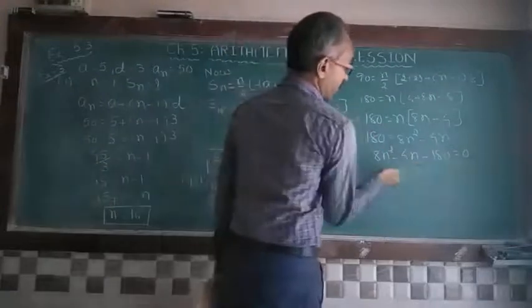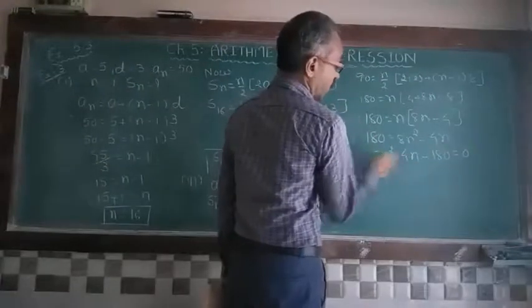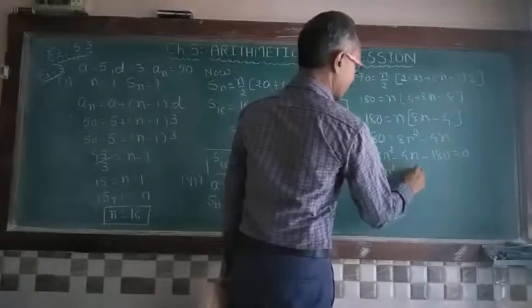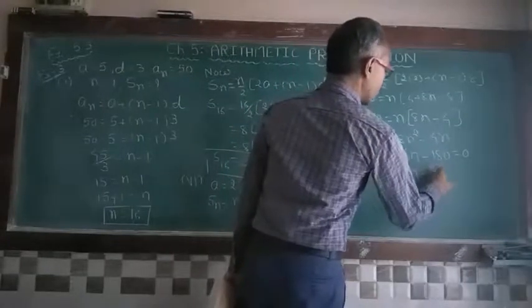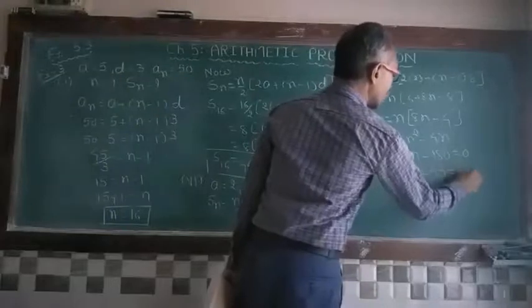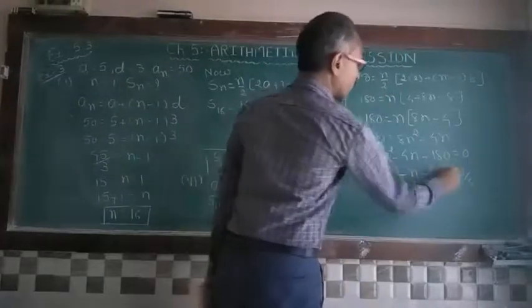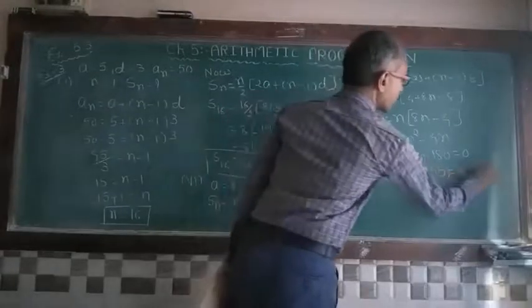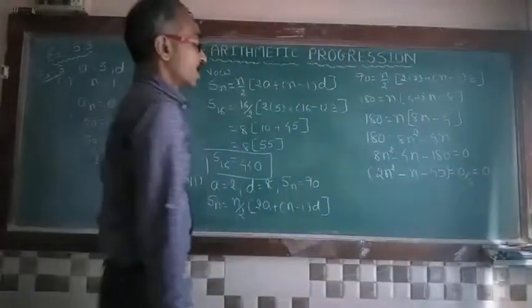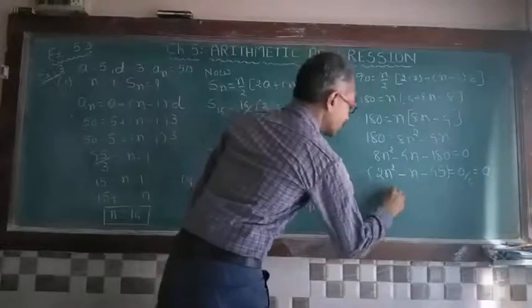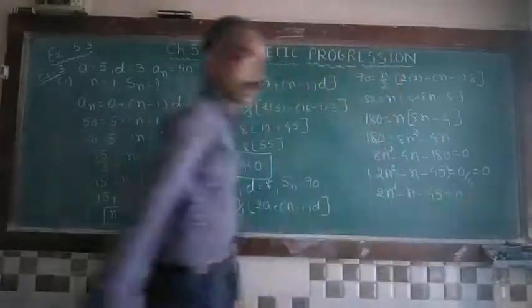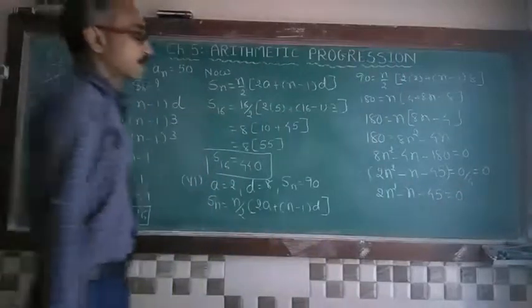Now take out 4 common: 2n square minus n minus 45 is equal to 0 upon 4, or you can write 0 by 4, which is equal to 0. Okay, so 2n square minus n minus 45 is equal to 0.